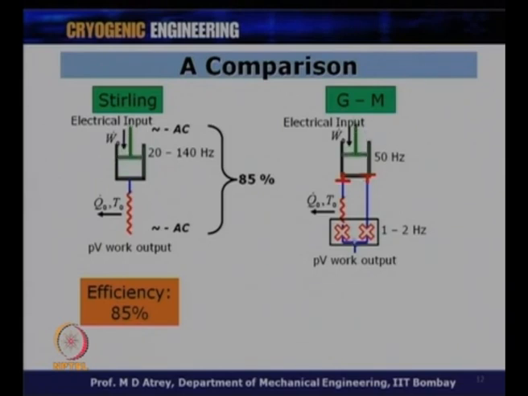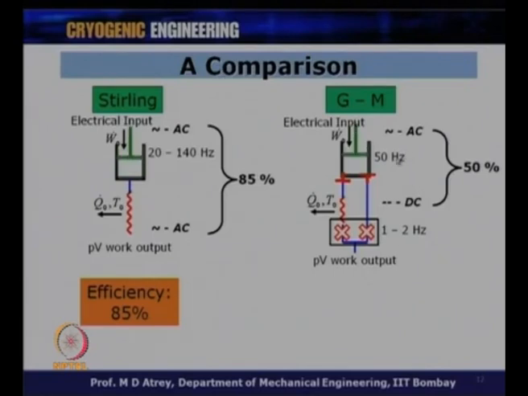After the rotary valve, what I get again, like in a Stirling cooler, is oscillating PV mode, that is, oscillating pressure which goes to the expander. That means I am converting this DC again to AC. So there are two mode changes happening, AC to DC and DC to AC again.